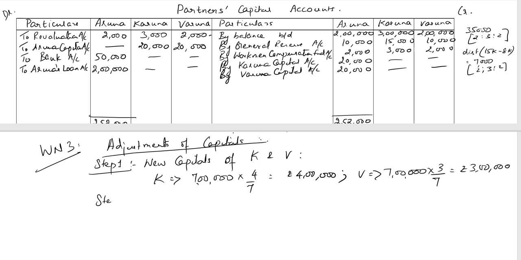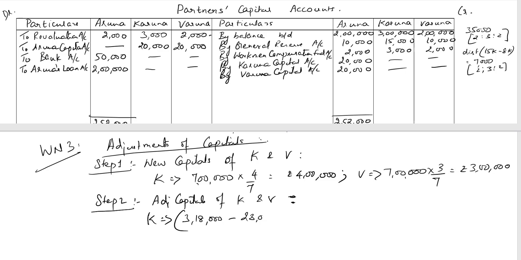Step 2 is to get the adjusted capitals of Karuna and Varuna. In the case of Karuna, credit side totals to 3,18,000 rupees minus 23,000 rupees debit side total.